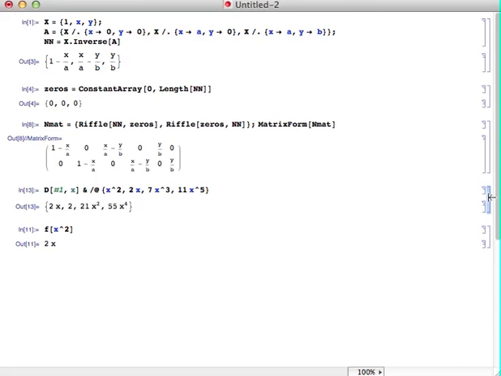So I'll try to give you a counterexample to what I'm saying. But so what I want to do, I'm going to create that D mat, okay?